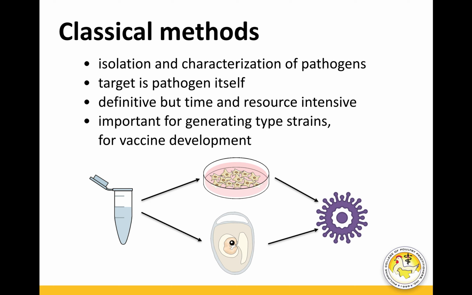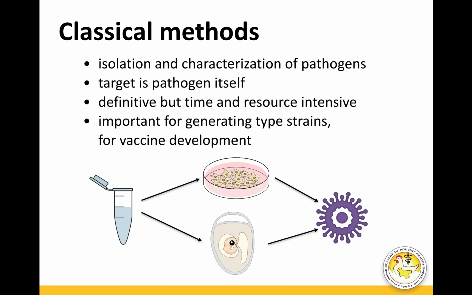So first off, what are the classical methods? The classical method, or isolation and characterization, is finding the actual virus, bacteria, or parasite itself. The methods used really depend on what the pathogen is.